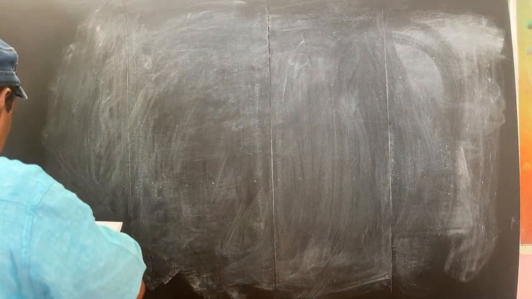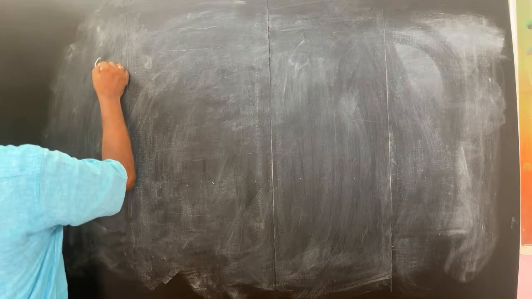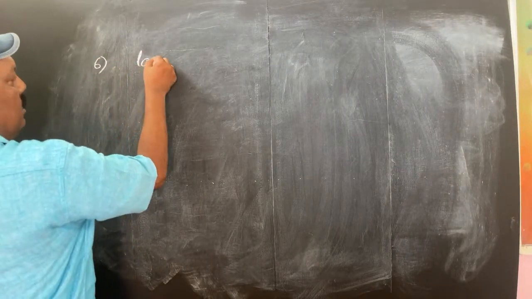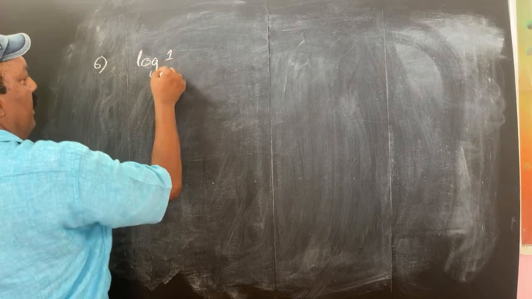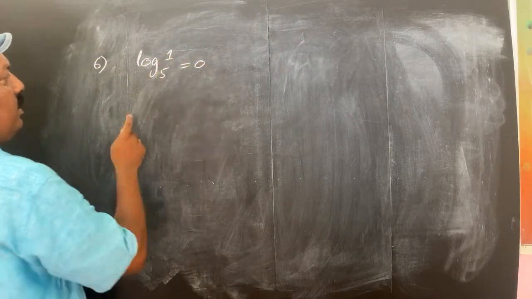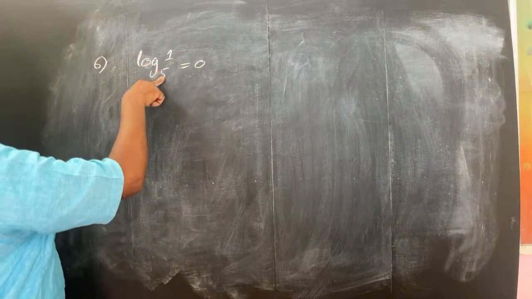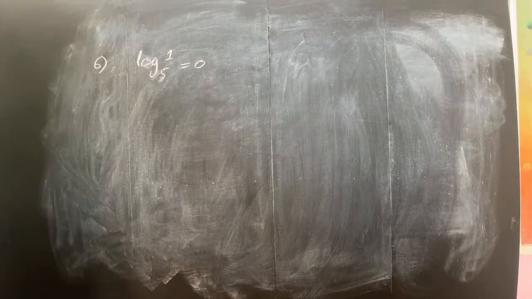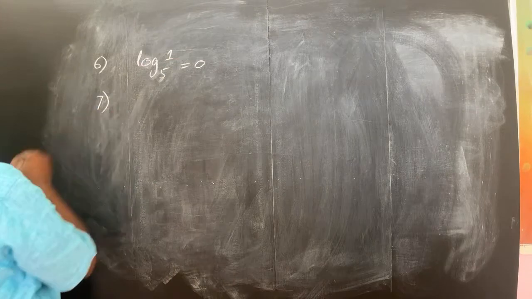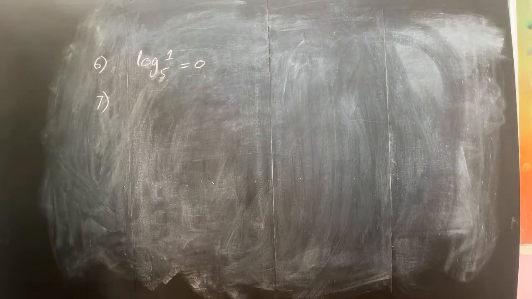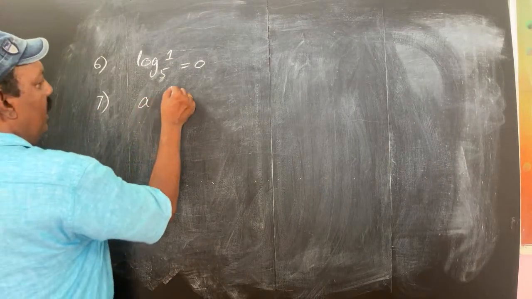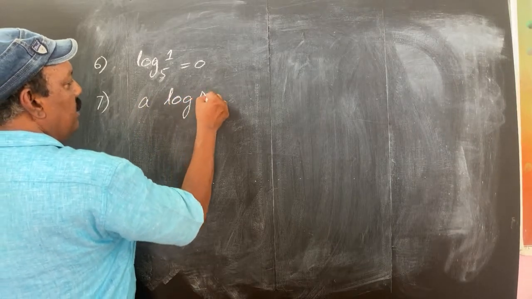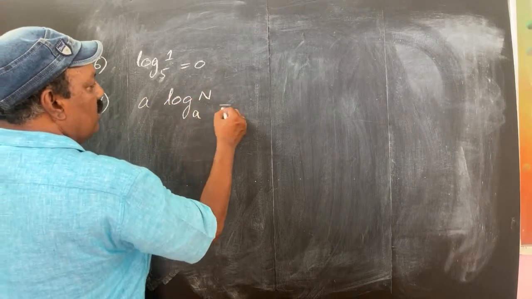Now formula number 6. Formula number 6 is log 1 base 5 is equal to 0. That means if the log value is 1, with any base, we get 0. Now formula number 7: a to the power of log n base a is equal to n.